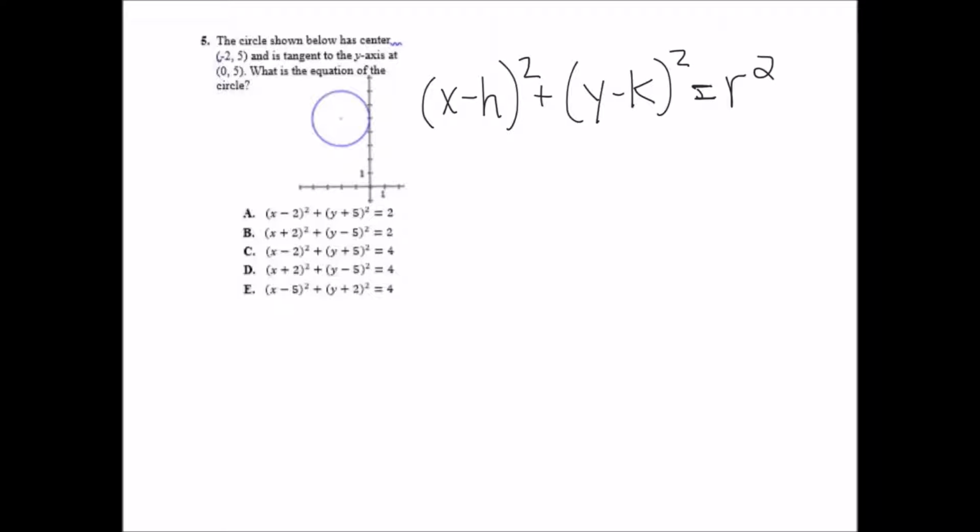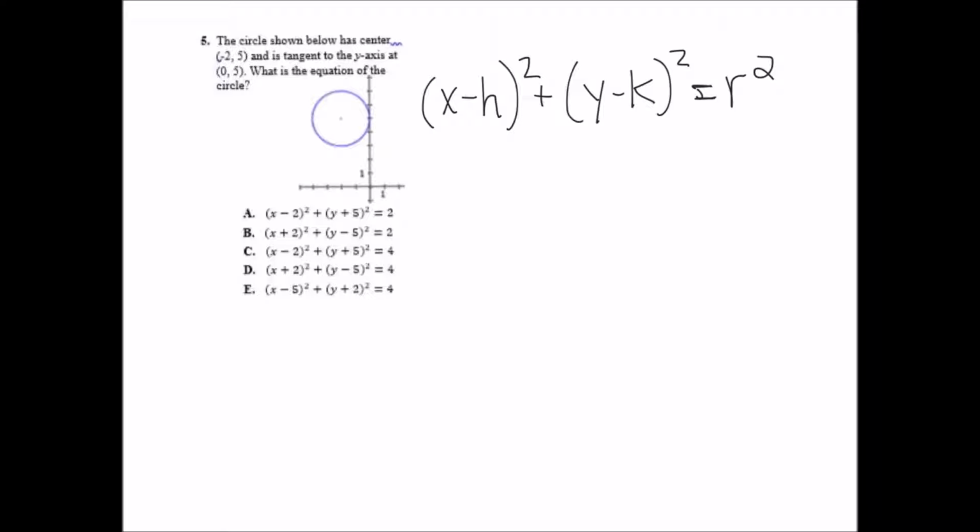Within this formula, h and k are the point coordinates of the center of the circle. In this case, they are -2 and 5.